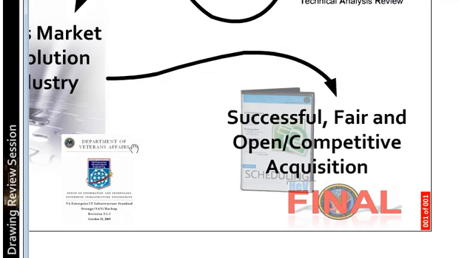And then the final step is a successful, fair, and open competitive acquisition. Not open standards in the sense that we just want anything that's willy-nilly off of the shelf out of somebody's garage, although we may have the need for that. That's not what I'm talking about with open standards.